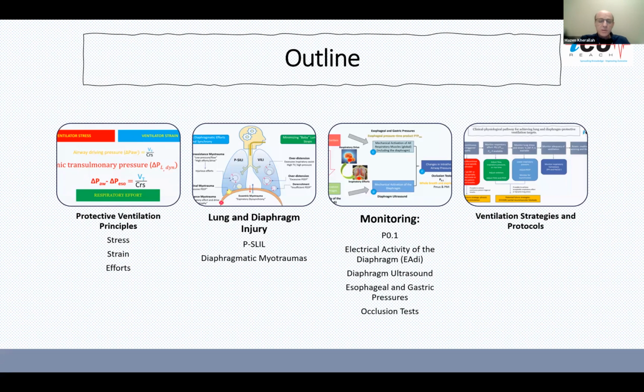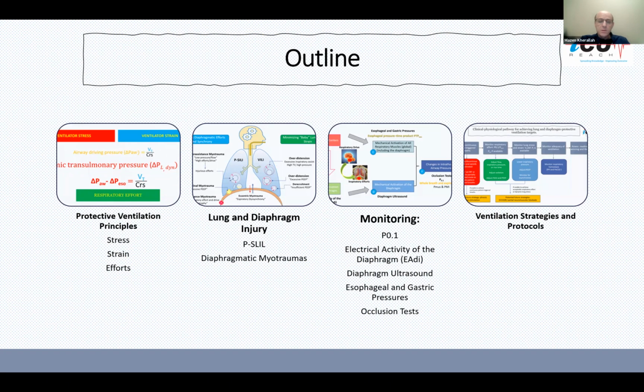But before we start, I would like to have this question answered. So Jenny, if you can put up the question in the poll. The question is, which of the following can help in mechanical ventilation monitoring for lung and diaphragmatic protection? It's multiple choice, so choose whatever you think is appropriate.